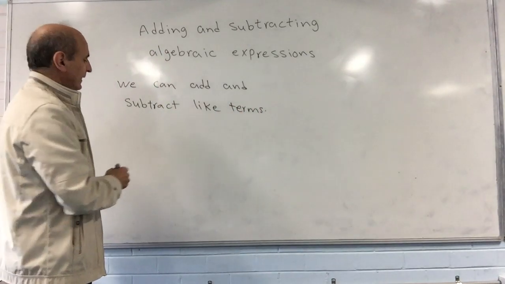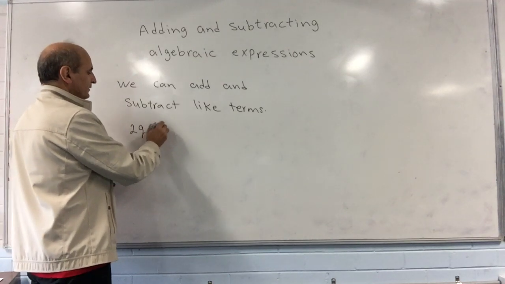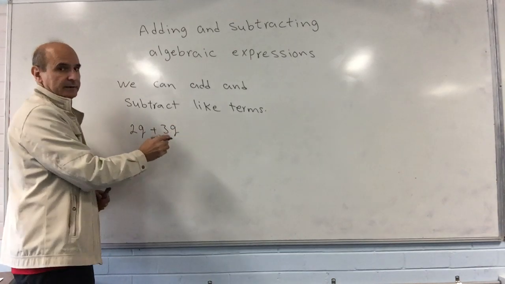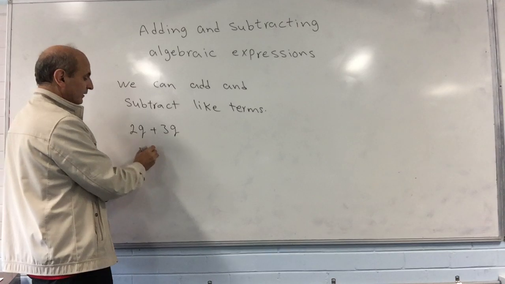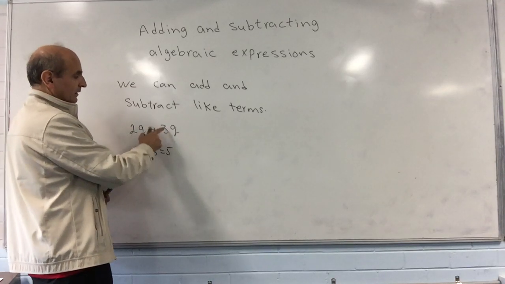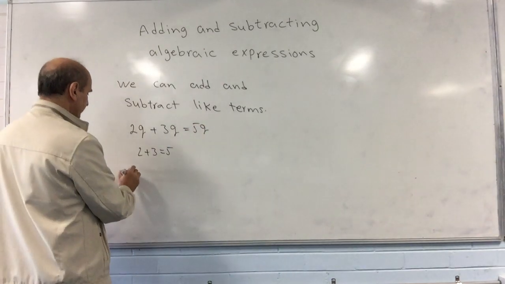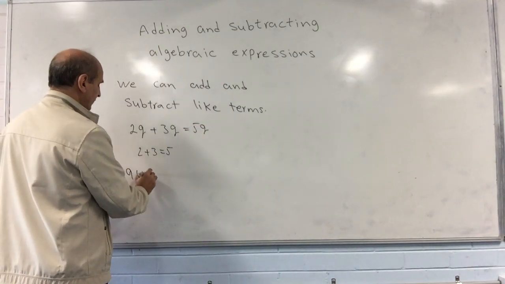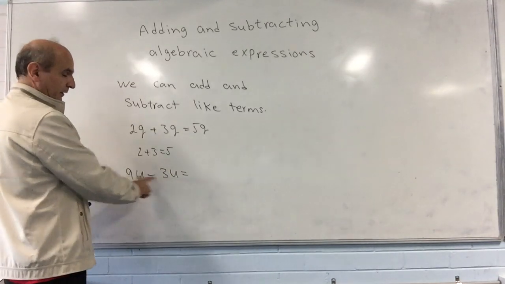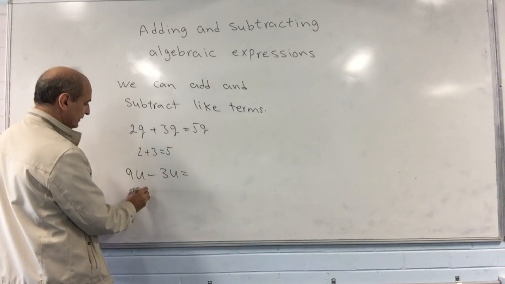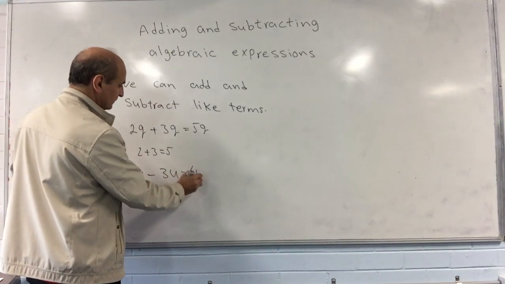For instance, 2q plus 3q can be added, and that becomes 5q. 2 plus 3 is 5, so that becomes 5q. Or 9u minus 3u. We can subtract 3 from 9. 9 minus 3 is 6, so that is going to be 6u.